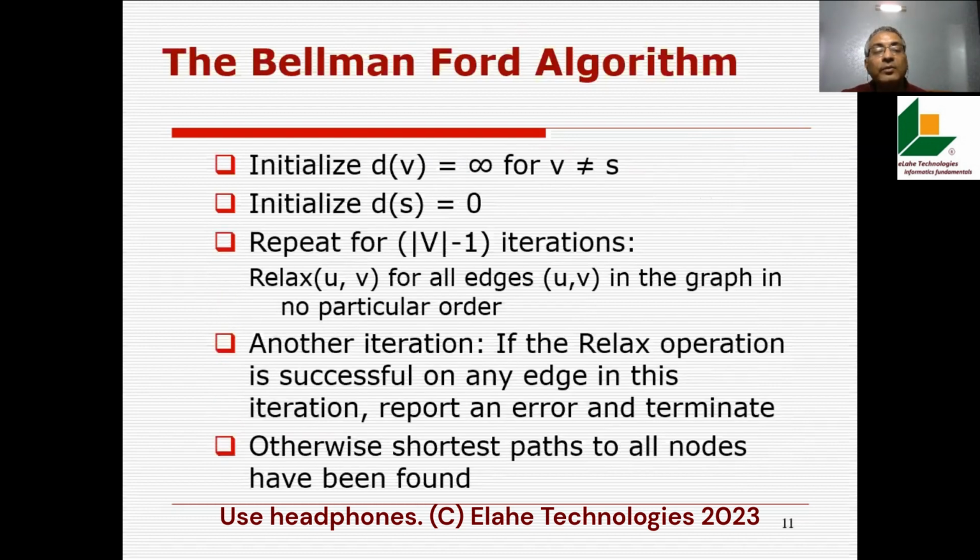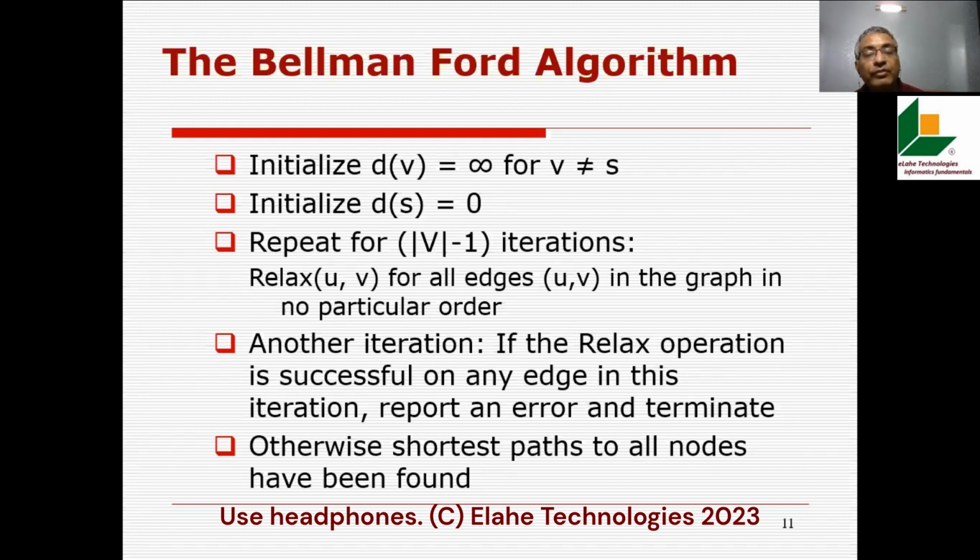One can prove all these things rigorously, which we'll talk about in the next class. For now, this informal argument should suffice: the cost of the shortest path from designated node S to all the other vertices in the graph can be determined in v minus 1 iterations.